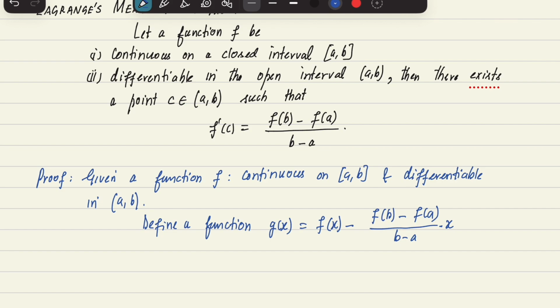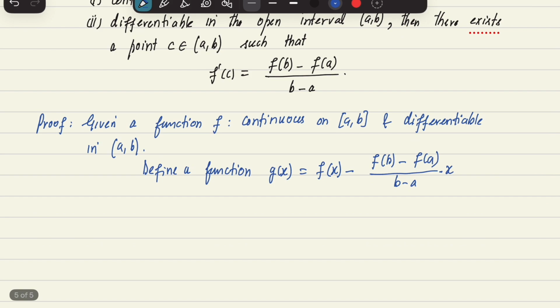Then we can clearly see that the function g(x) is continuous because it is defined as a difference of two continuous functions. We already have f(x) is continuous, and (f(b) minus f(a)) divided by (b minus a) is just a constant, and constant times x is always a continuous function. And difference of two continuous functions is continuous, and difference of two differentiable functions is also differentiable.